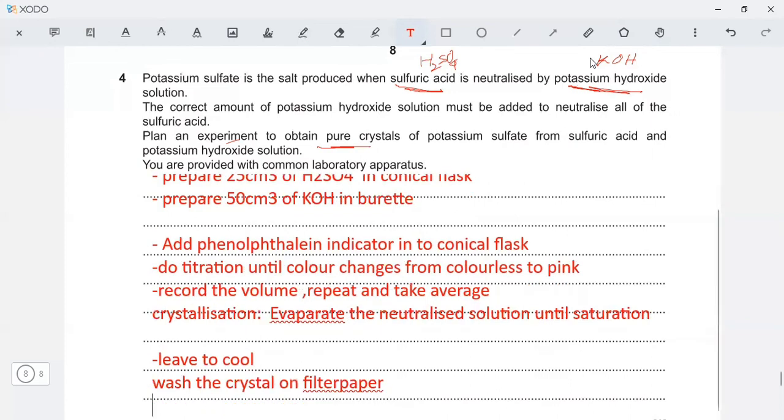Okay, and then dry it. You have to dry it, right? Wash properly and then dry them. Dry the crystals. After drying, where will you dry it? On filter paper.